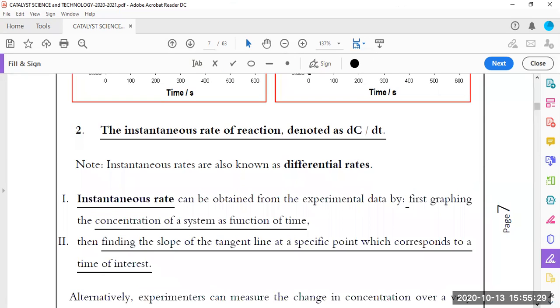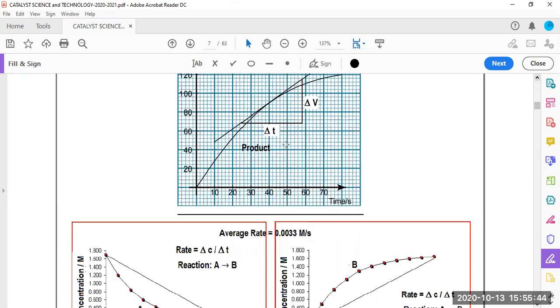And what we mean by the instantaneous rate of a reaction, denoted as dC over dt, differential c over differential t, at a certain time. This one is for instantaneous. For example, you want to measure this one here at this time.